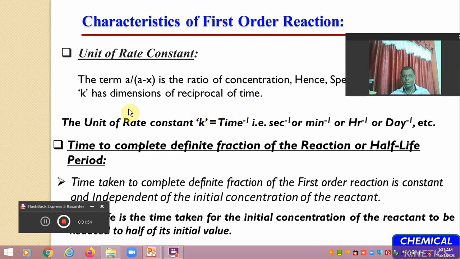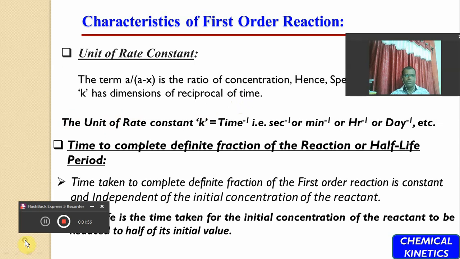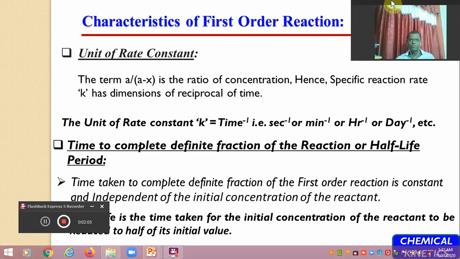So the first characteristic is the unit of rate constant of first order reaction. How can we predict the unit of rate constant for the first order reaction?